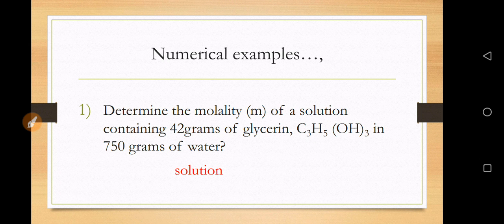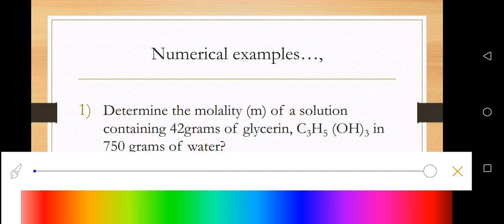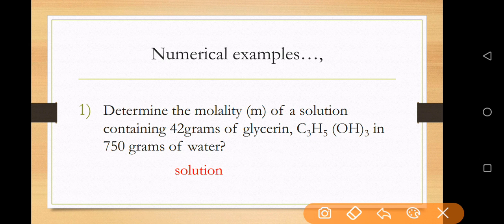Whenever we are talking about molality, two things are involved, as I've already said. First of all, we'll be required to calculate the moles of solute, and secondly, we'll be required to convert the grams given into the kg. In these grams we are talking about the grams of solvent.